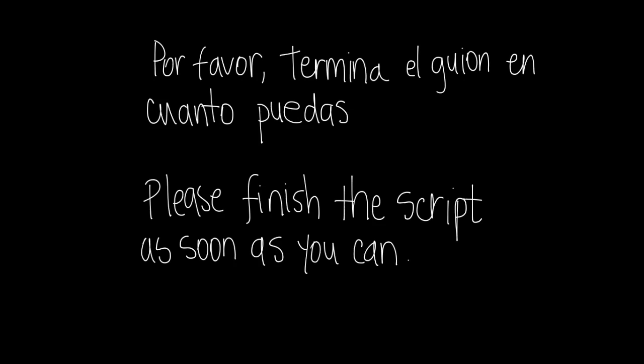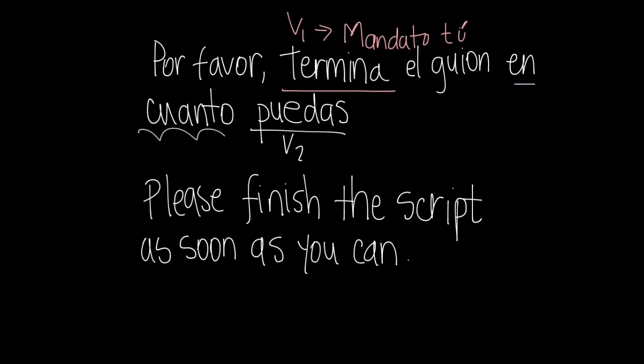So notice that the verb termina is in the form of the tú command. And because I have my conjunction en cuanto, as soon as, then it triggers subjunctive, puedas.